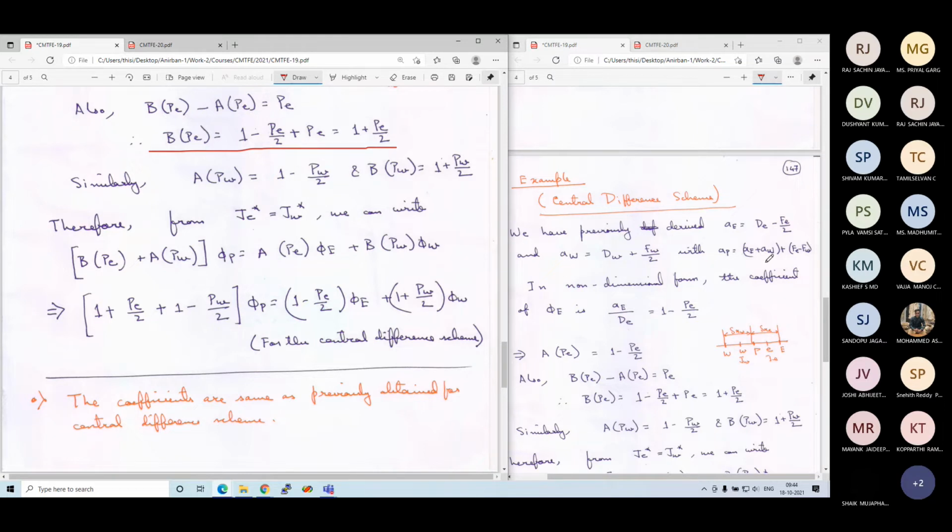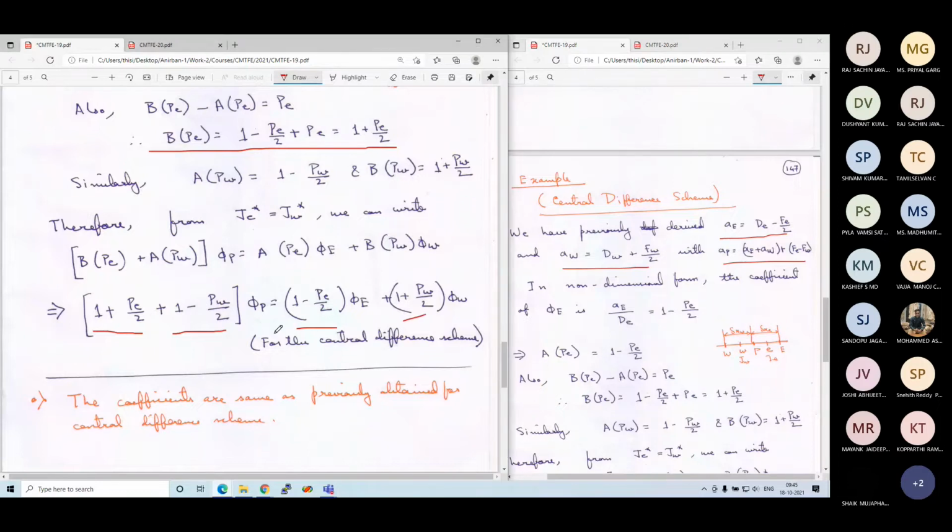AP is equal to AE plus AW, so it is 1 minus P by 2 plus 1 plus PW by 2 minus plus FE, which in non-dimensional form will be FE by D. So 1 minus P by 2 plus P becomes 1 plus P by 2, and 1 plus PW by 2 minus PW becomes 1 minus PW by 2. So these coefficients are the same as those we obtained previously for the central difference scheme, but these are in non-dimensional form.